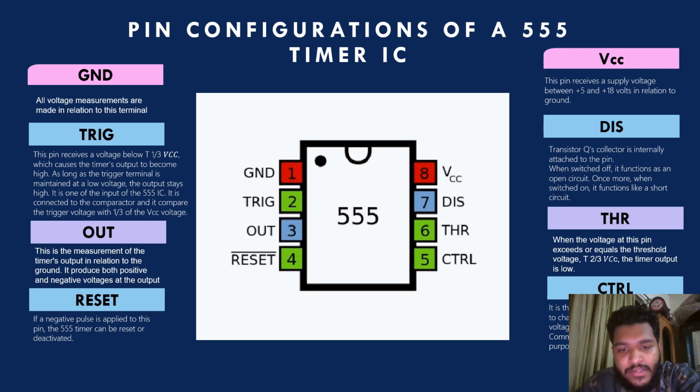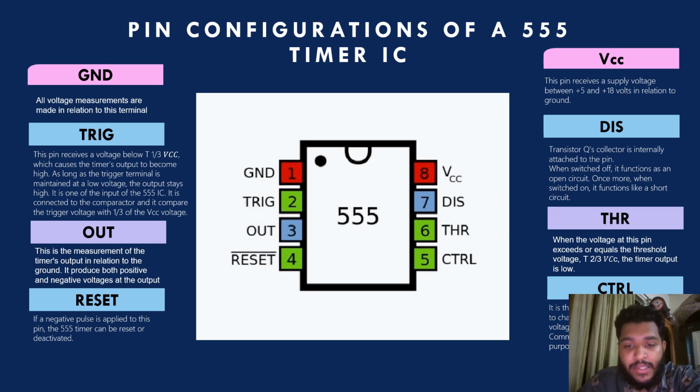With just 8 pins, it unlocks a world of timing possibilities. Ground on pin number 1 ensures proper operation. Trigger input on pin 2 initiates time cycles, while pin 3 serves as the output, faithfully delivering the timed signal.